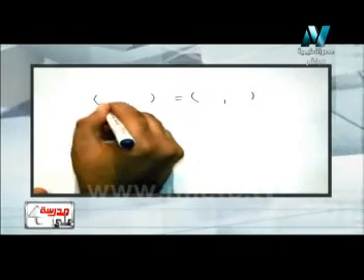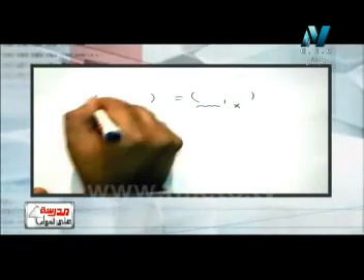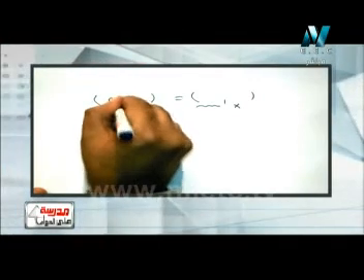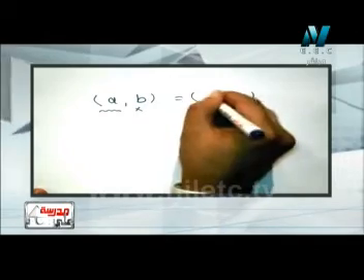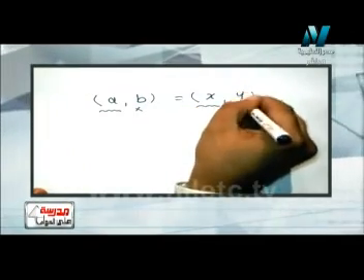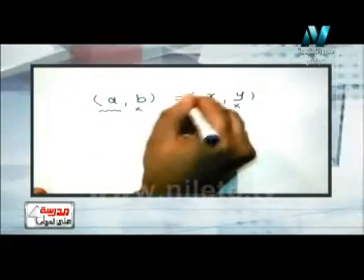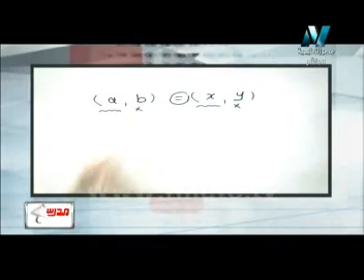The question now is when two ordered pairs are equal. If I have two ordered pairs, when can I say they are equal? Simply, if the first number here equals the first number here, and the second number equals the second number. For example, if I have the ordered pair A, B and a second one X, Y, here we have two ordered pairs separated by an equal sign.